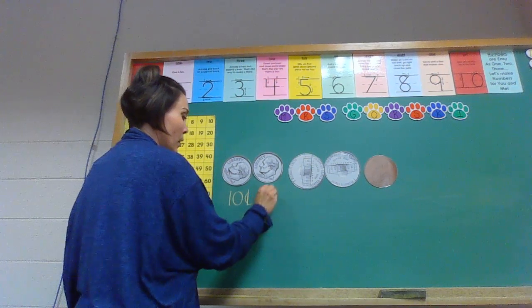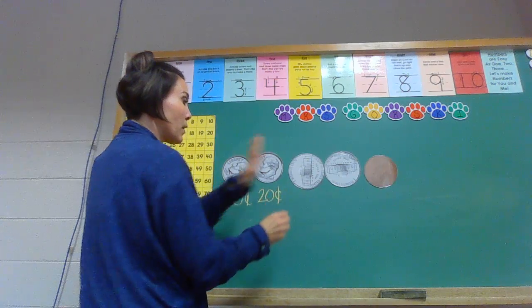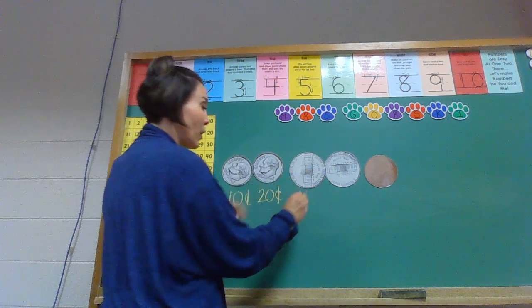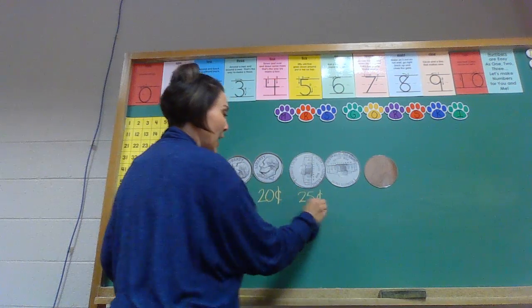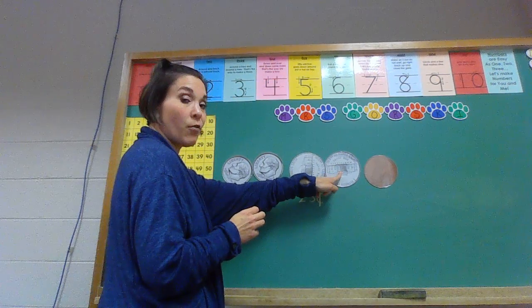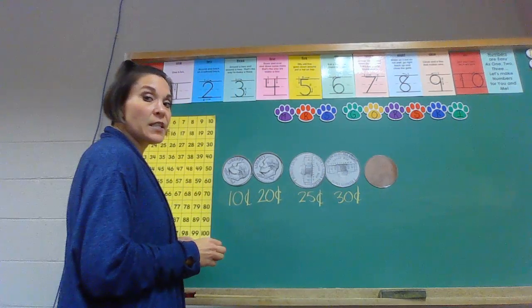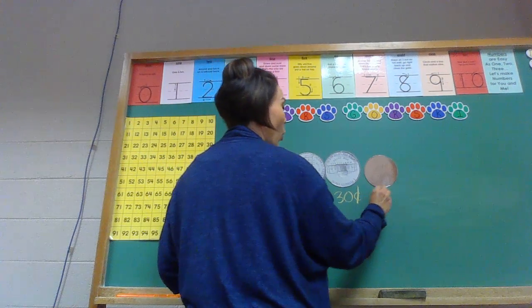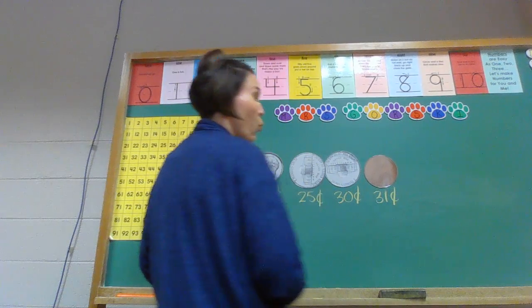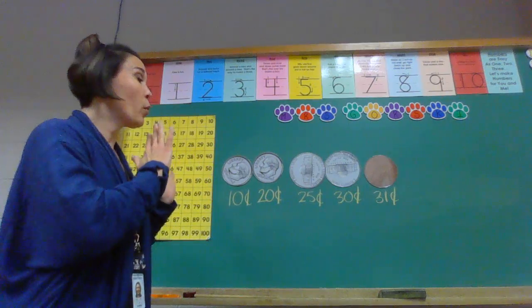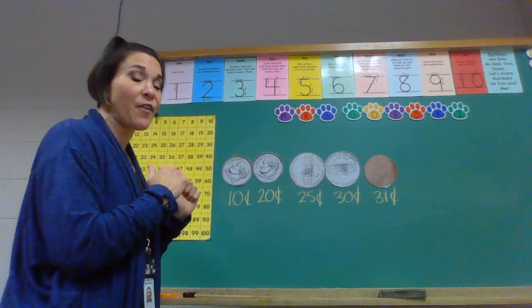10 cents, 20 cents. Going to a 5. 25 cents. 5 more. 30 cents. 1 more. 31. Now remember, what's the technique if we don't know with the changing over and skip counting by 5s?